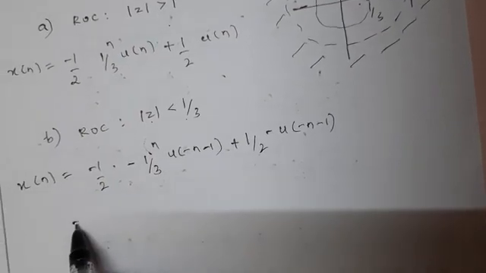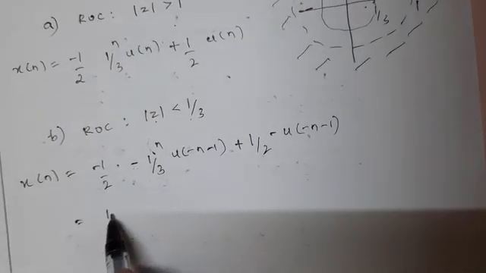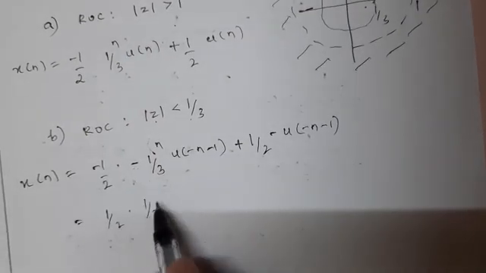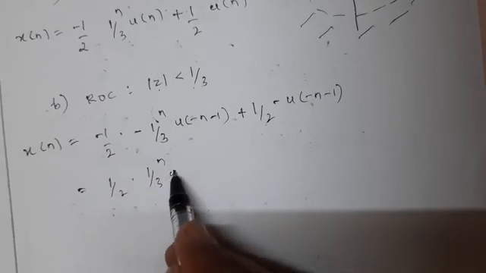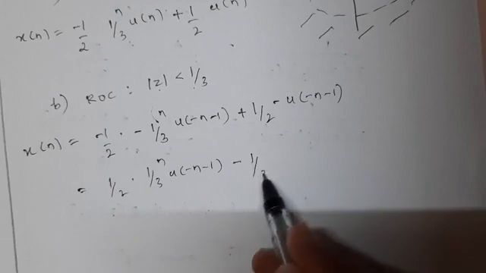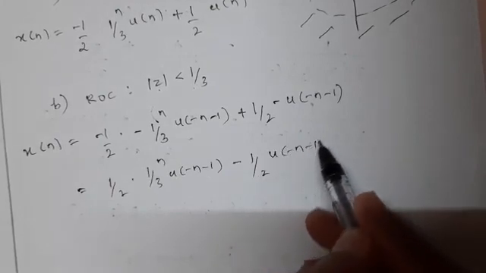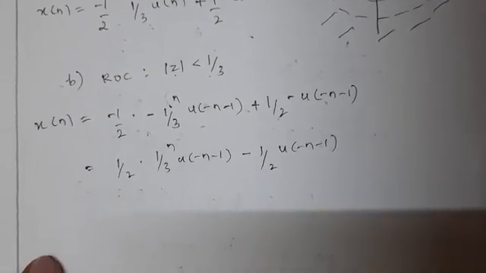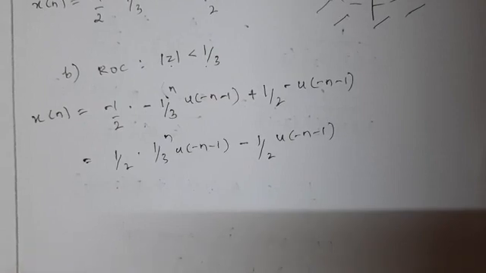Which gives you minus into minus plus half, 1 by 3 to the power n u of minus n minus 1, minus half u of minus n minus 1. So this is how you find the inverse z transform for given x of z with respect to ROC.